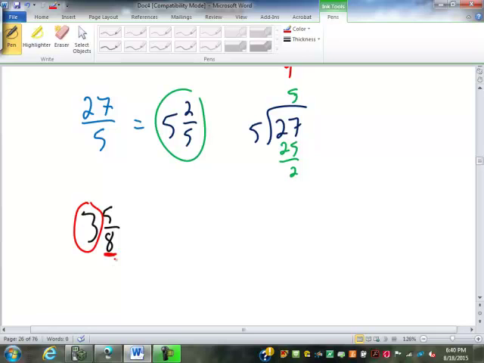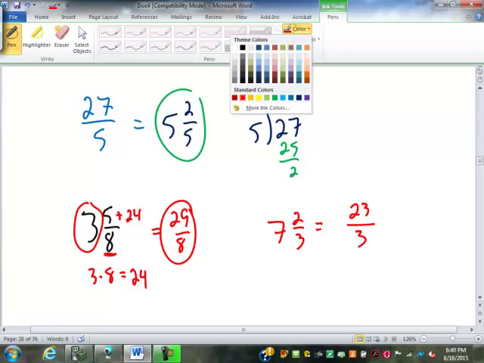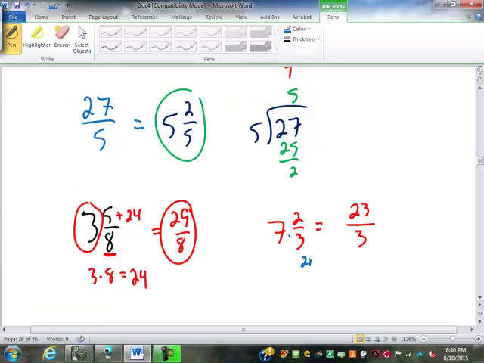So that 3 whole objects is 3 times 8, or 24 pieces. Combine that with the 5 other pieces that are there. 5 and 24 makes 29 eighths. If we have 7 2/3, what's that going to become? 23, perfect. 7 times 3 is 21, plus the 2 is 23.